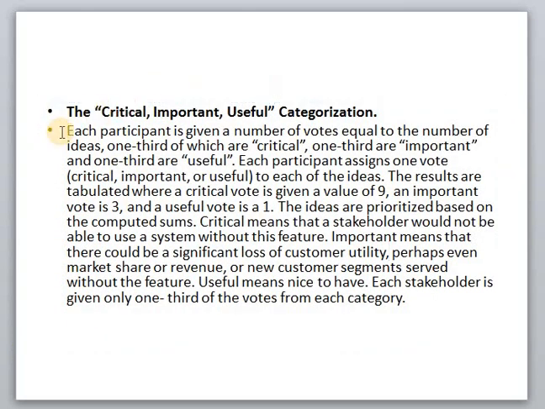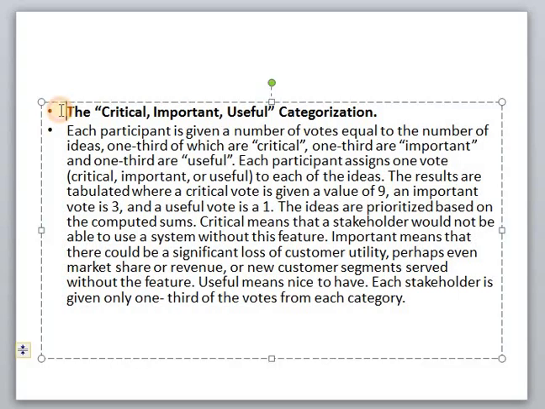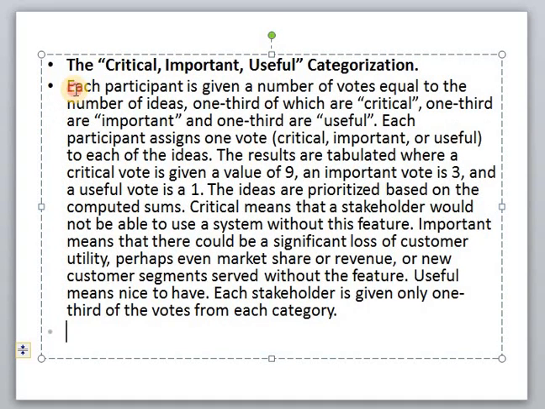So the next method that we will use for prioritizing the ideas is the critical, important, useful categorization. Each participant is given a number of votes equal to the number of ideas. So if one participant has generated 10 ideas, then he will get 10 votes, 1/3 of which are critical.